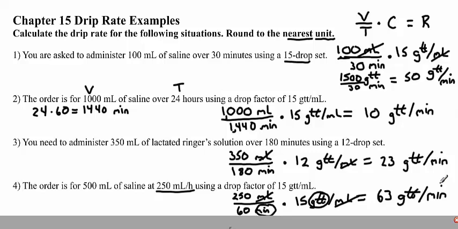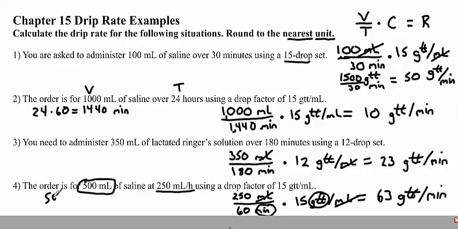There is also another way to do this problem using the total volume. But if you use the total volume, there's a little bit more thought involved, because if it's 250 milliliters per hour and you want 500 milliliters, well, that's going to take 2 hours because 250 goes into 500 twice.